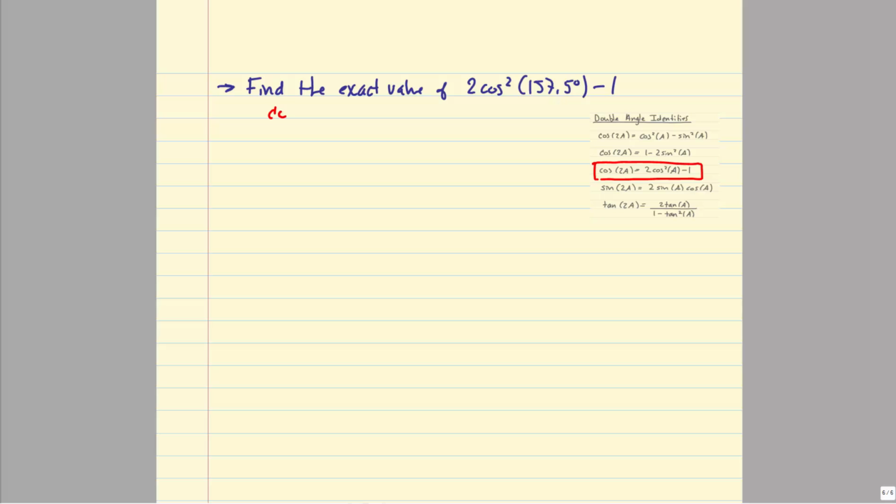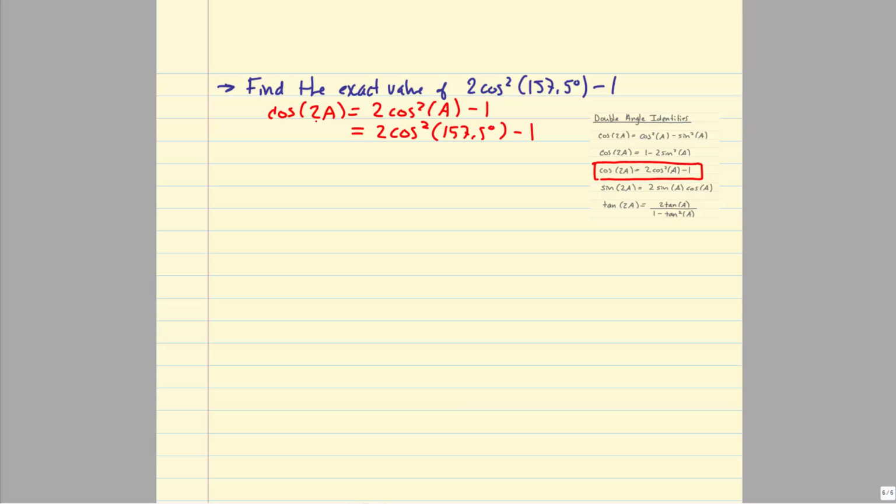So the cosine of 2a is equal to 2 cosine squared of a minus 1. Now notice you need to put parentheses around the arguments of your trig function so that we understand the minus 1 is outside the argument. So I have the right hand side here. That's what's given to me, 157.5 degrees.